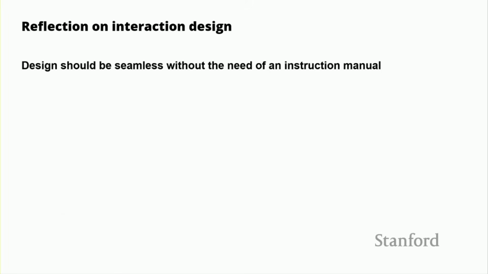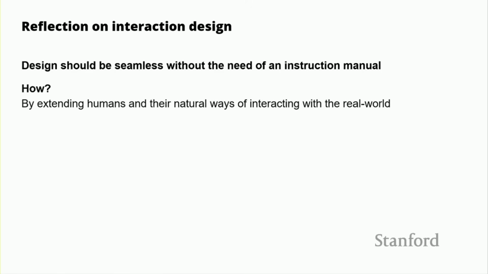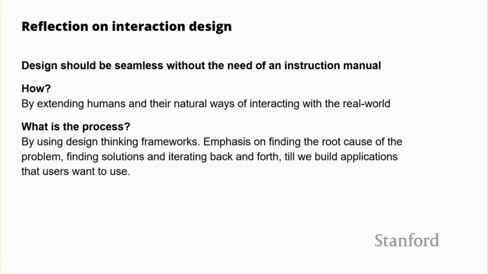Just to summarize some of what we've said about interaction design: ideally, you can make it seamless without necessarily having explicit instruction manuals. Some ways to do this include thinking through how humans interact with the world and extending those affordances, or at least standard interaction mechanisms, making it easier for them to match well with what the algorithm is expecting.